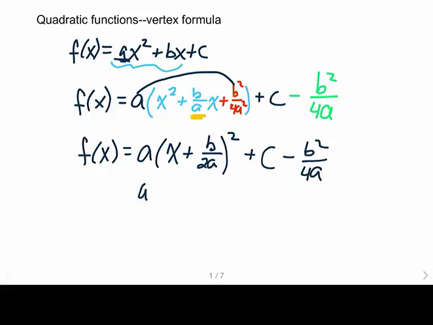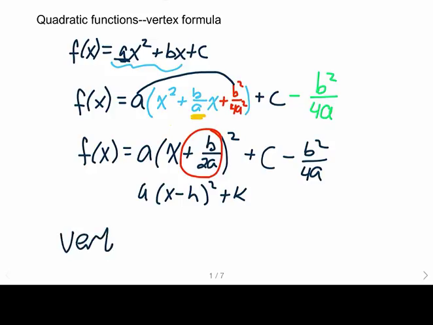Recall we had expressions that looked like a times the quantity (x − h)² plus k, which means that the number inside the parentheses is associated with the x-coordinate of the vertex. So now we can consider the vertex, which is going to be negative b over 2a for the x-coordinate, and the reason for that is we changed the sign on what's inside the parentheses.